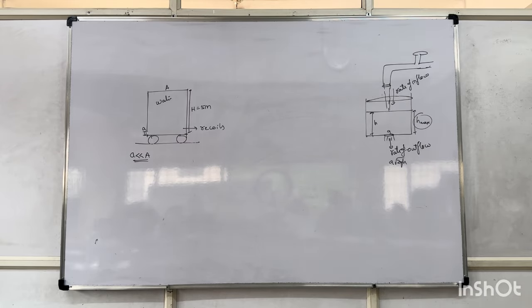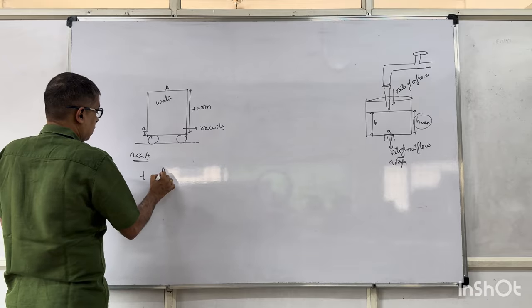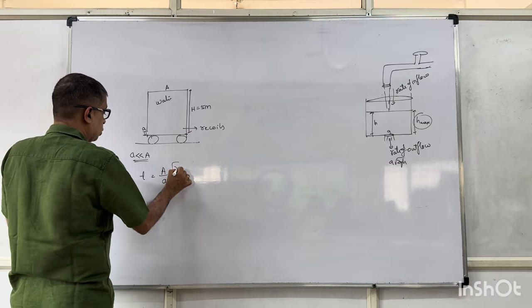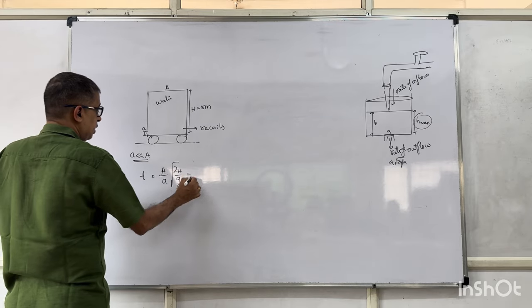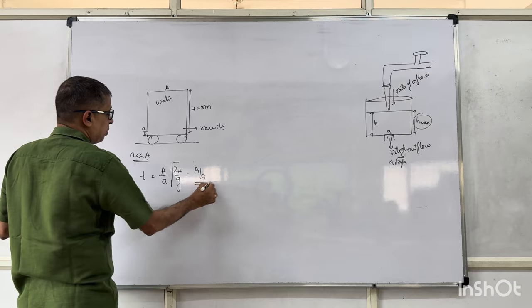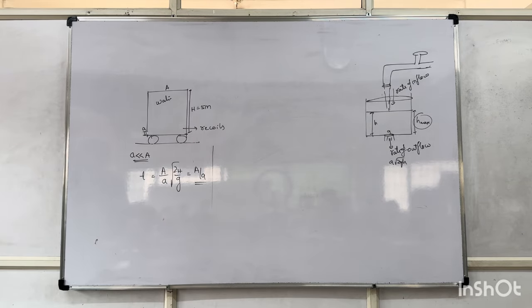First of all, calculate the time it takes for it to get emptied. How much is the time it takes to get emptied? Capital A by small a times root of 2h by g. If you have done this calculation, incidentally this will turn out to be capital A by small a. So we are supposed to find the final velocity.